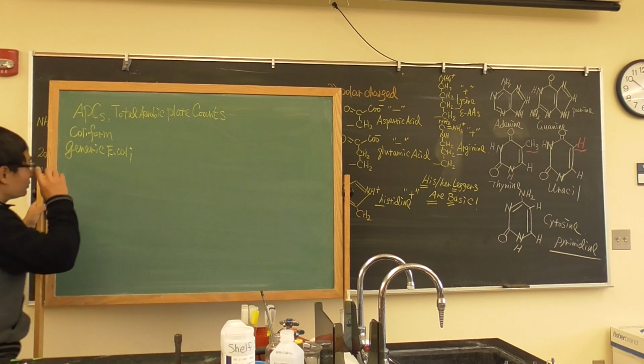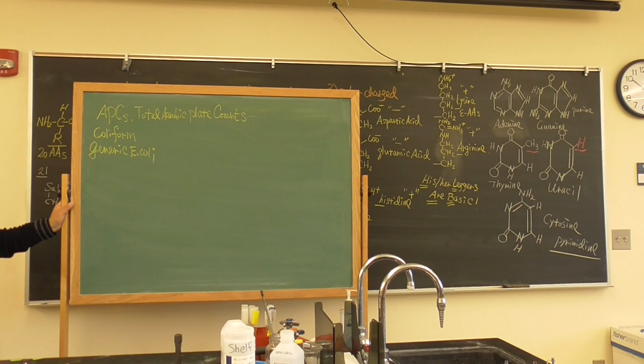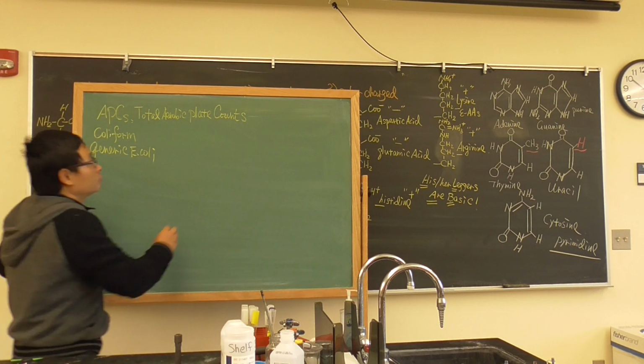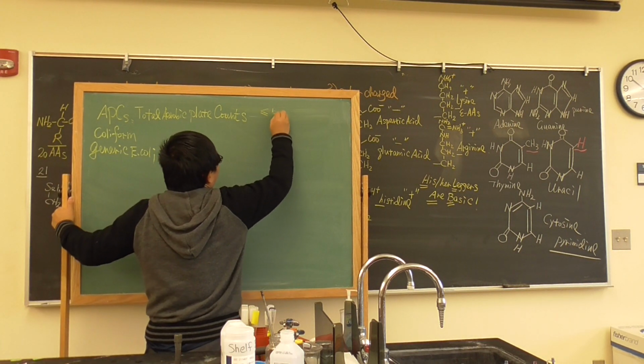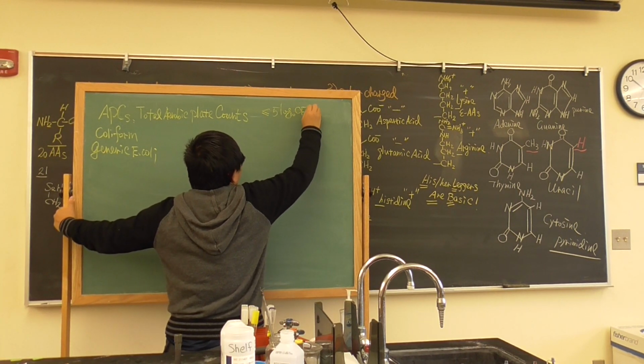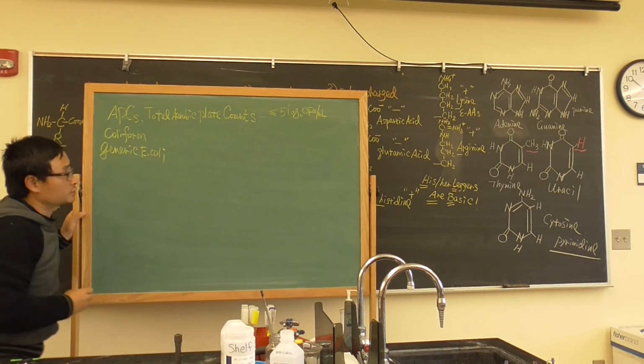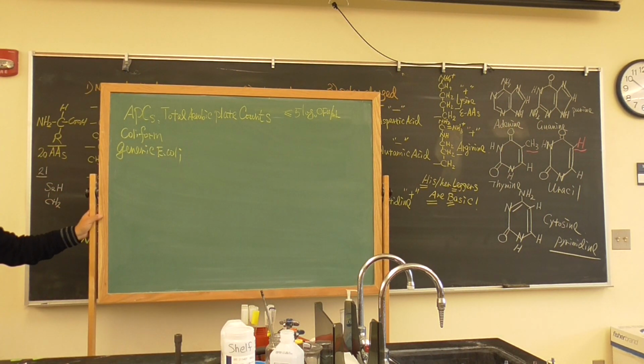Usually people use APCs as a standard for cleanliness and hygiene; they have to be less than around 5 log10 CFU per ml. It's just a standard used in European countries, but there's no defined answer for that.